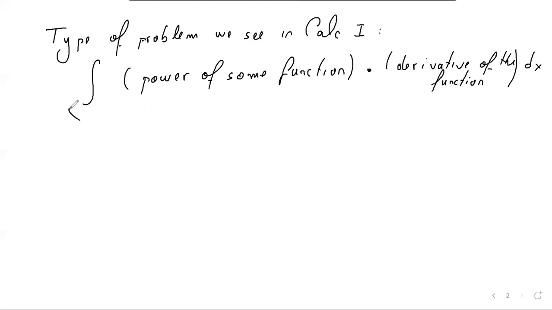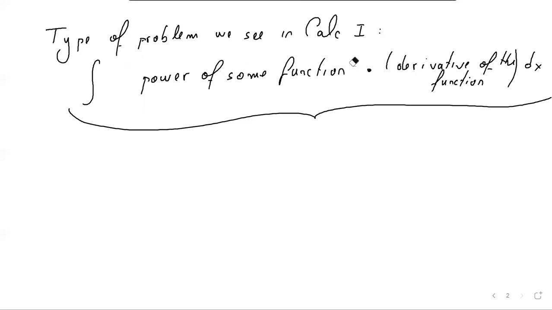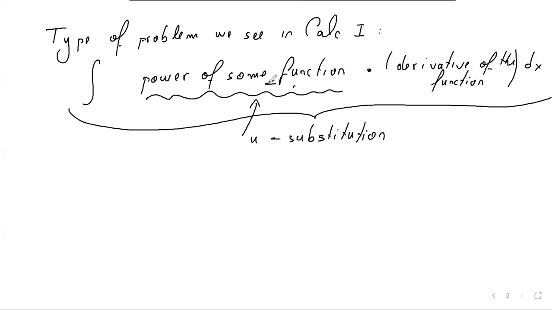So that's the style of problem that we will see here. So power times the derivative. All right. So we always have to figure out this power properly, and then pretty much that's the u substitution. So that gives you the u substitution here: this function whose power is calculated here in the integral.